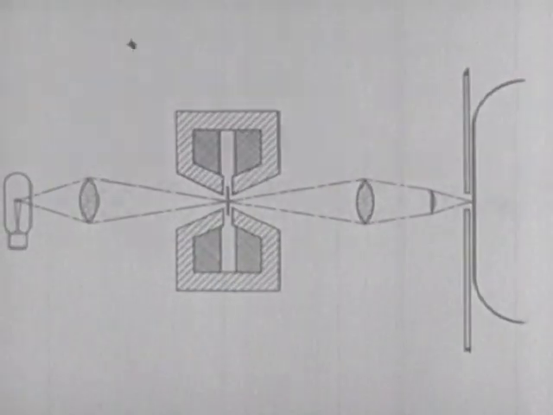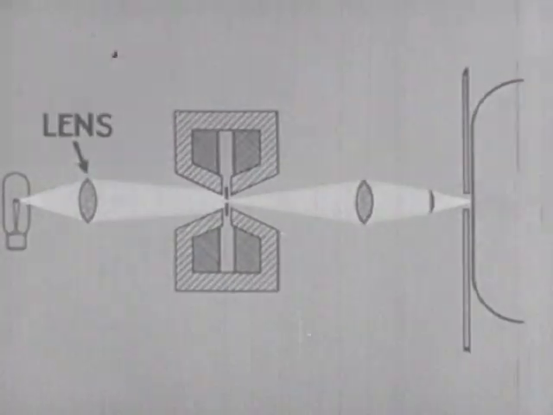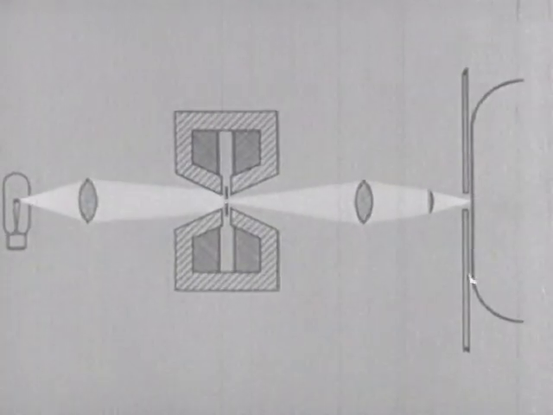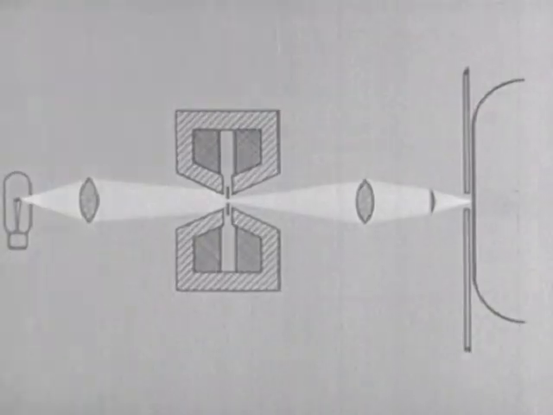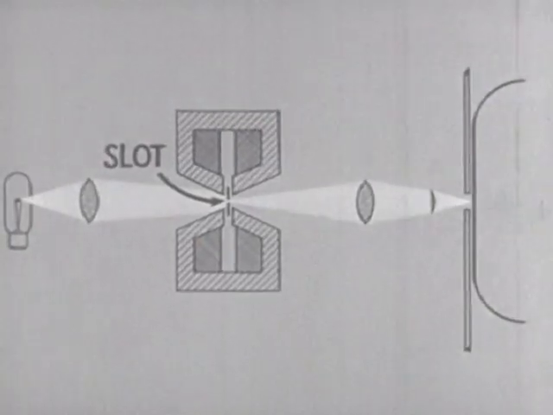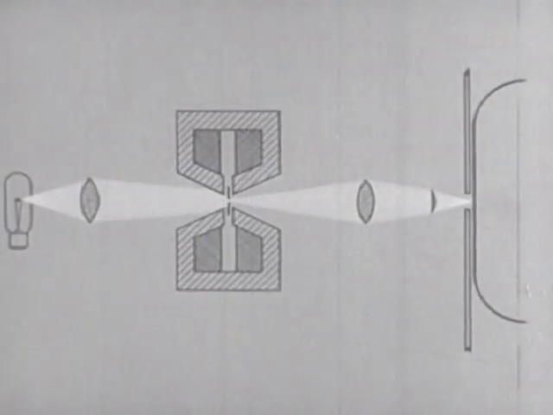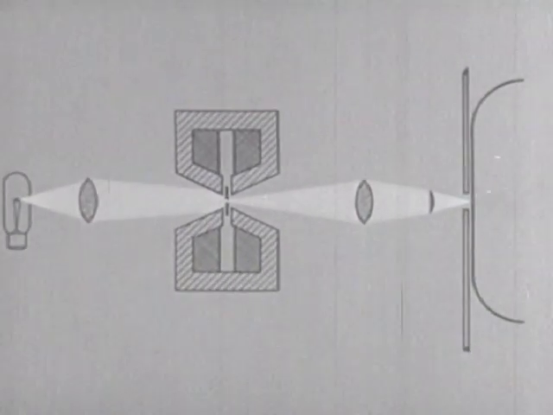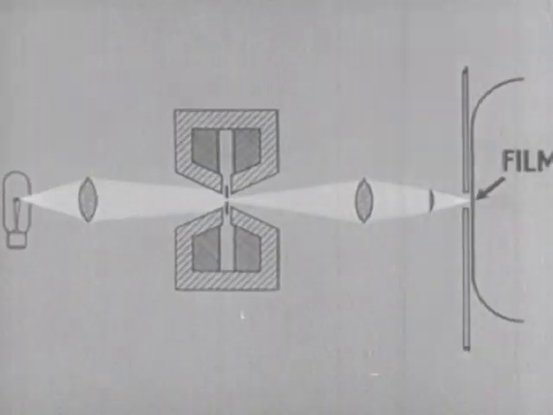A steady light, concentrated by a lens, passes through apertures in the magnetic pole pieces. This light is varied by the slot defined by the ribbons and is concentrated by another lens system to form a very fine line of light on the photographic film.